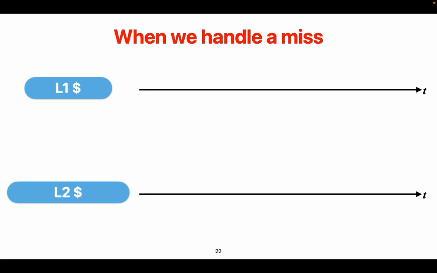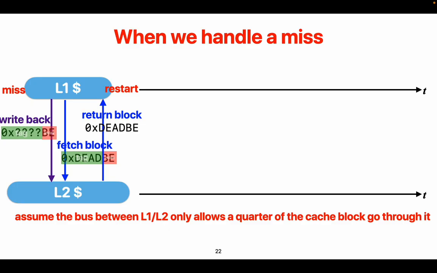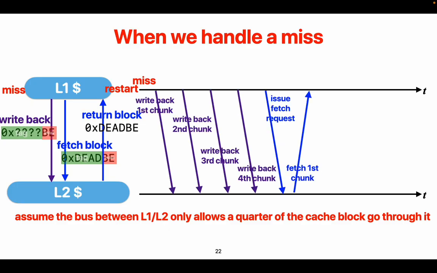Remember, we mentioned that cache access always has to be block in, block out. So when you have a cache miss, the traditional way is you have to fetch the whole block, so you can only restart when everything is back.